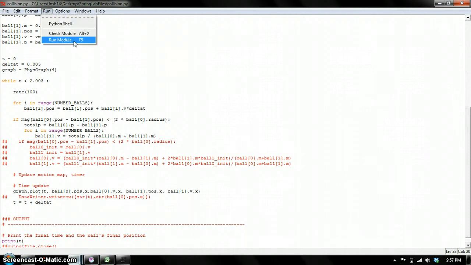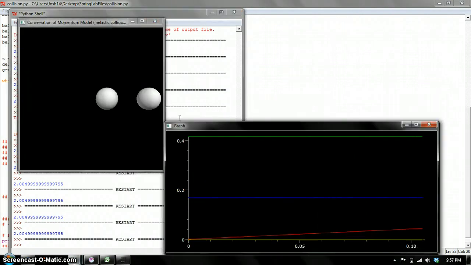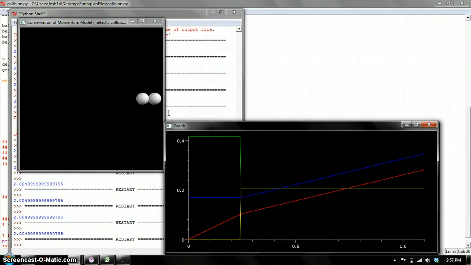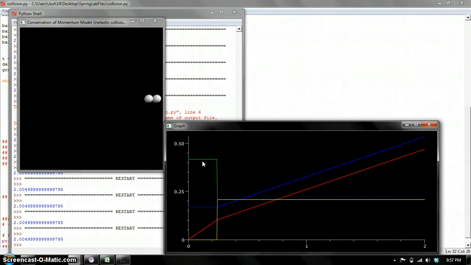So if we run this, you can see the two balls collide with each other. They both go down to the same velocity, which is what we expected, and they go in the same direction.